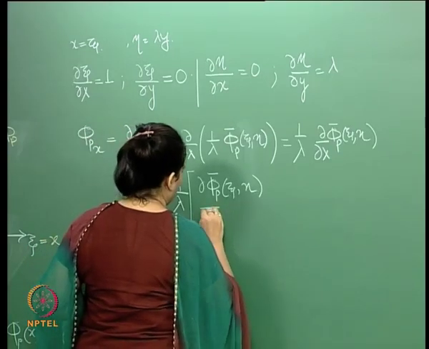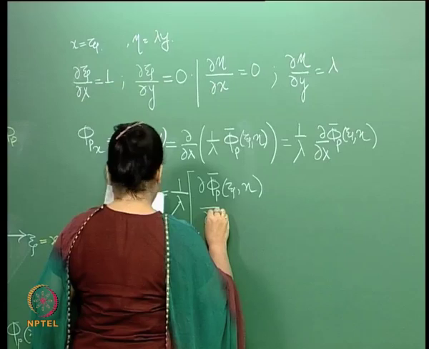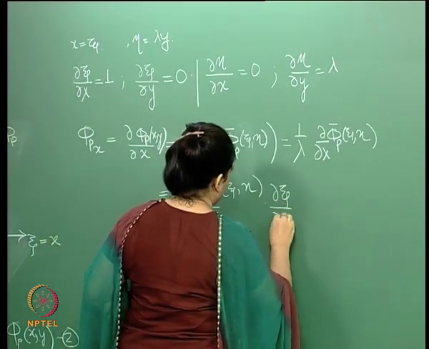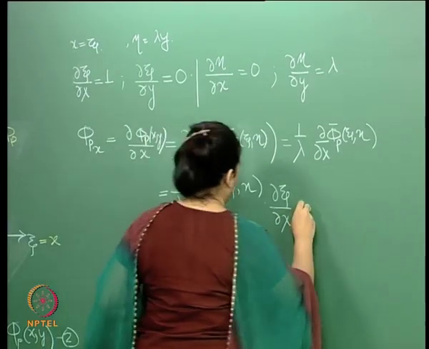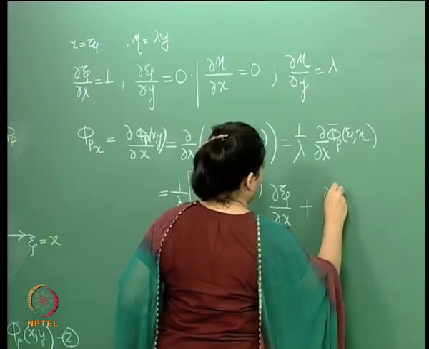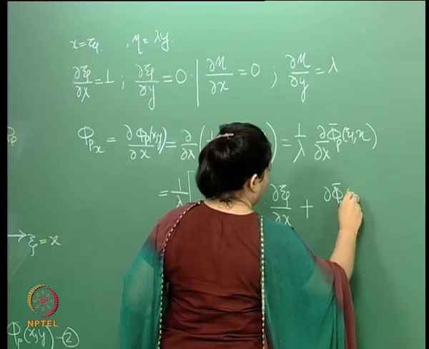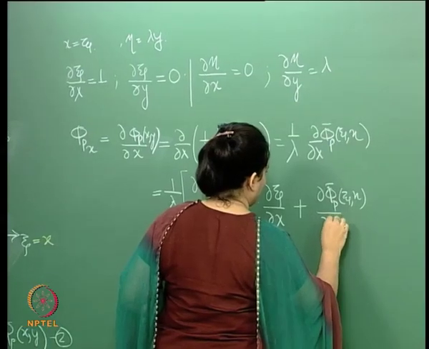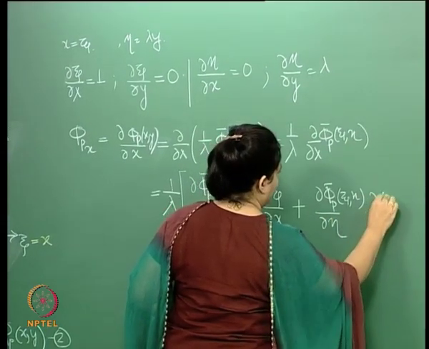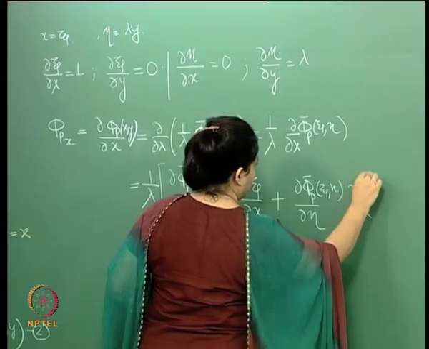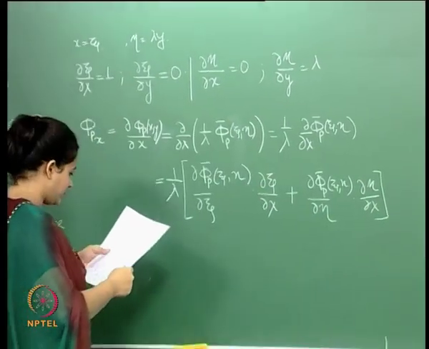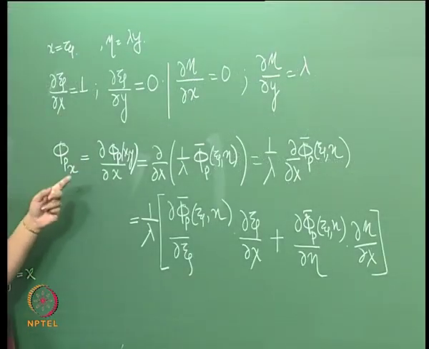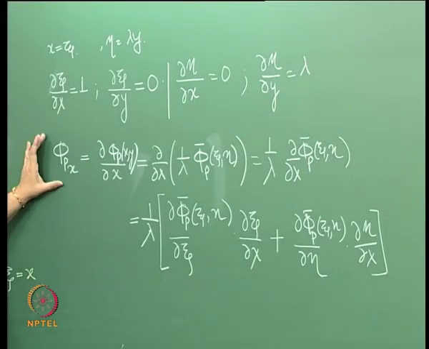This would mean del phi bar del zeta into del zeta del x, right, plus the change in del phi bar del eta into del eta del x, right, makes sense.